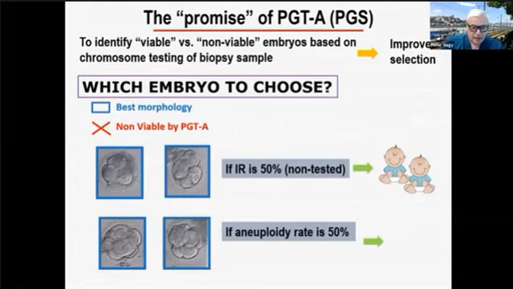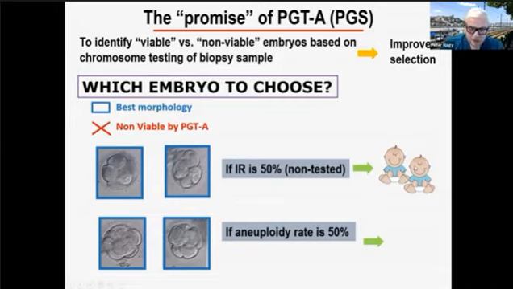A patient who has 4 high-quality embryos that morphologically all look very similar. Let's assume this patient has a 50% implantation rate with these 4 embryos. This means that if you transfer all 4 embryos, in the end the patient will have 2 babies.